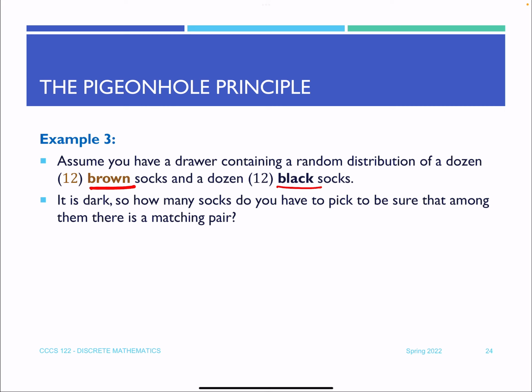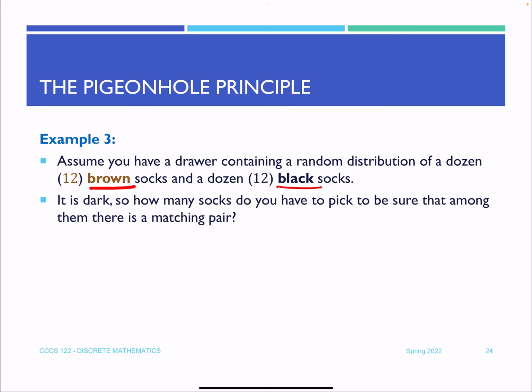Meaning, you want to wear 2 brown socks or 2 black socks. Here's the question. You cannot see what the color of the socks is. How many different socks do you have to pick out in the dark to make sure you have something wearable?